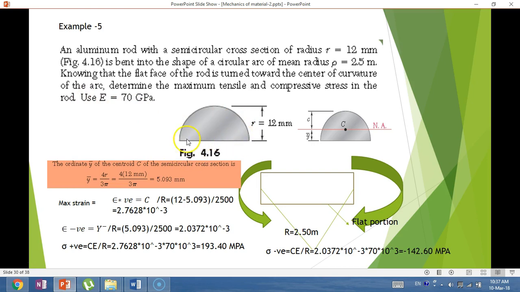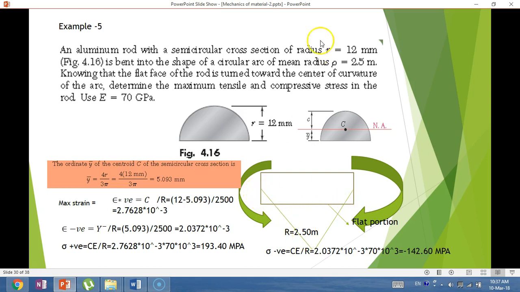This is the section for which we have this semicircular cross section, and this is the r of 12 mm, and the flat portion, which is the lower one, is pointing toward the center of curvature, which means that it is subjected to hogging moment in this direction, because this portion will get expanded on the top and contracted or shortened at the lower portion, and this is the flat portion.